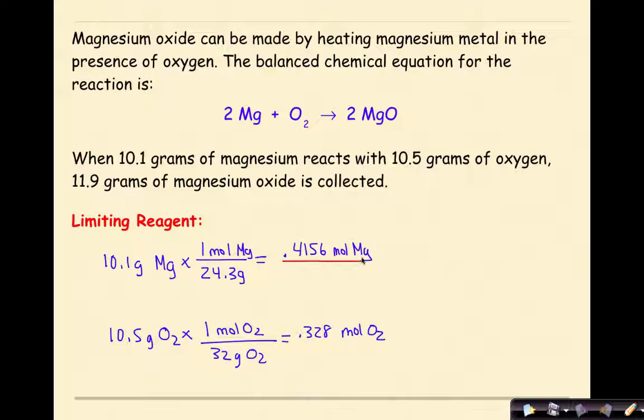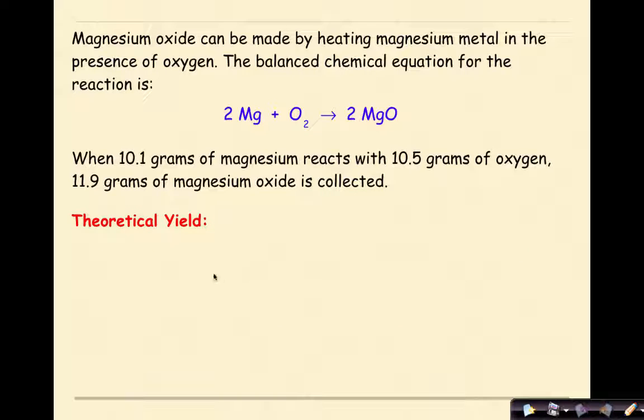So I'm going to divide the magnesium by 2, and I'm going to divide the O2 by 1. 0.4156 divided by 2 is going to give me 0.2078, and obviously 0.328 divided by 1 is going to be 0.328, which means the smaller of these two numbers is the magnesium, so the magnesium is going to be my limiting reagent. I have identified my limiting reagent here.